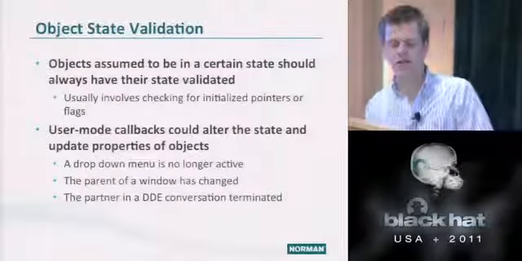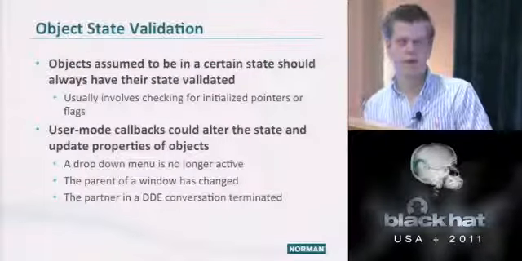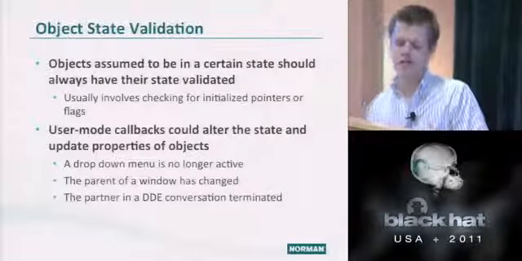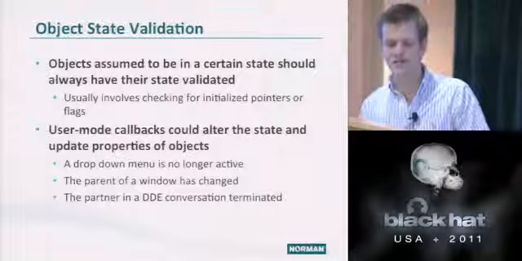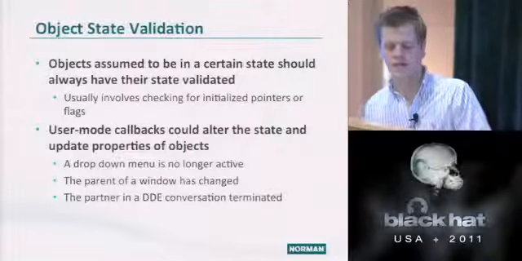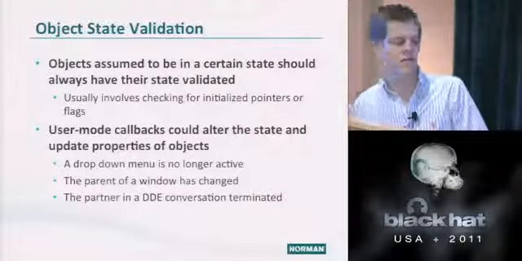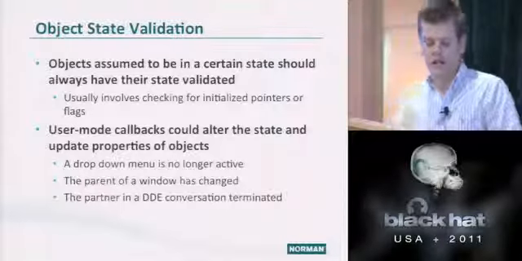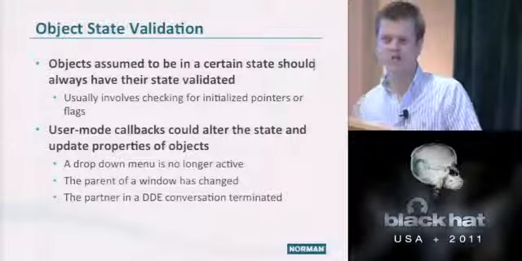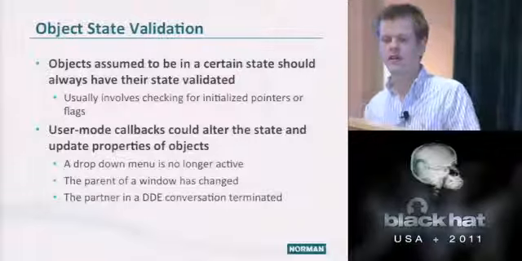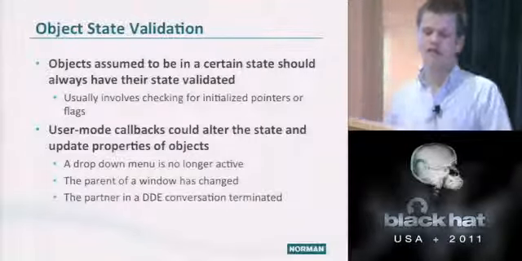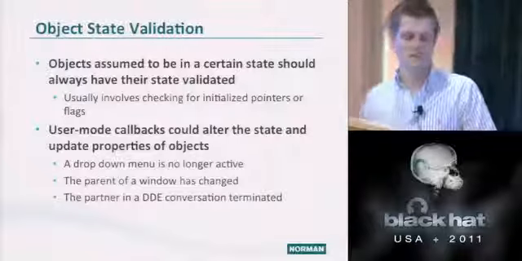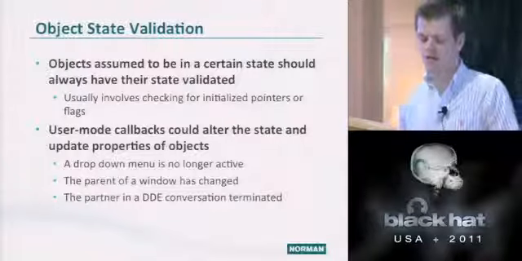So that was one of the vulnerability classes. There's also what I like to call object state validation. So all objects assumed to be in a certain state should always have their state validated. And this usually involves checking for initialized pointers or checking for flags or something like that.